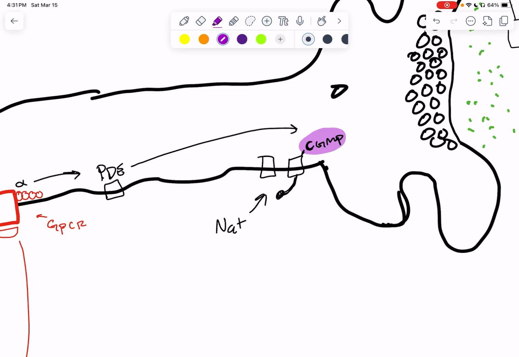And when the phosphodiesterase is activated, it turns the cyclic GMP into GMP. So essentially, it just removes the cyclic portion of that molecule.